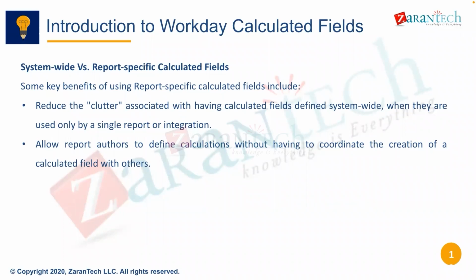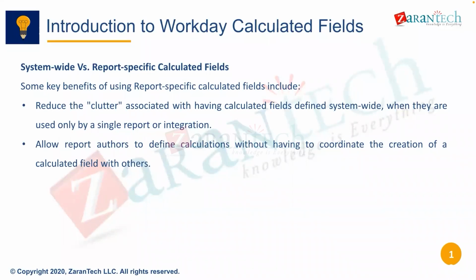So when you have a report-specific calculated field, it gives you more control over it. But it has to be a special scenario when you create it. If you are doing a lot of mathematics and creating calculated field values which are very sensitive, and you don't want them changed by any other user, then that's the only case where you create a report-specific calculated field, because these cannot be reused.